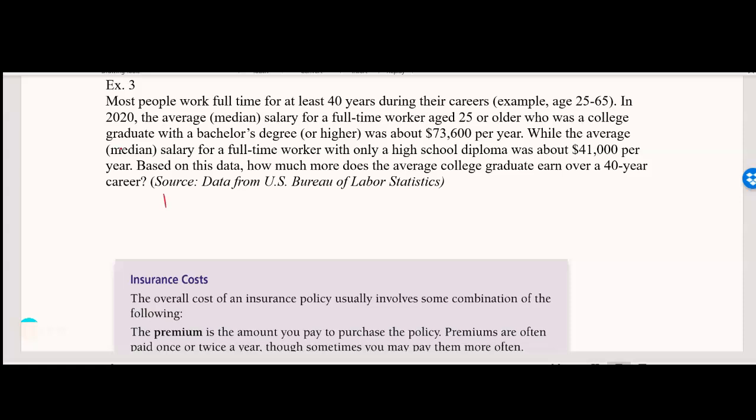All right, let's talk about this. Step 1. We need to look at the difference in the median income. The difference in median income, well, that would be what they're telling us you would make with the bachelor's minus without.